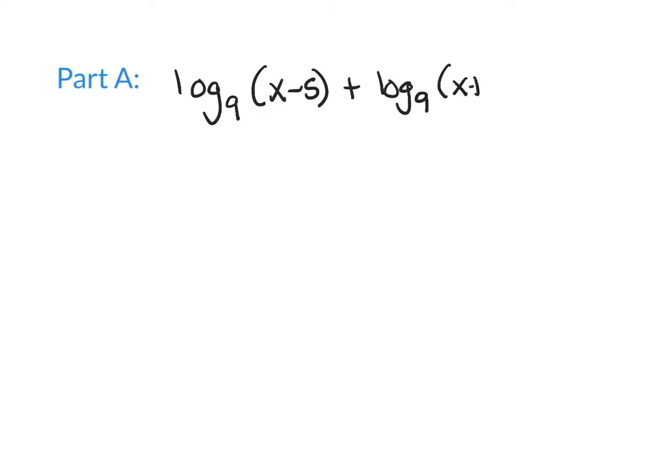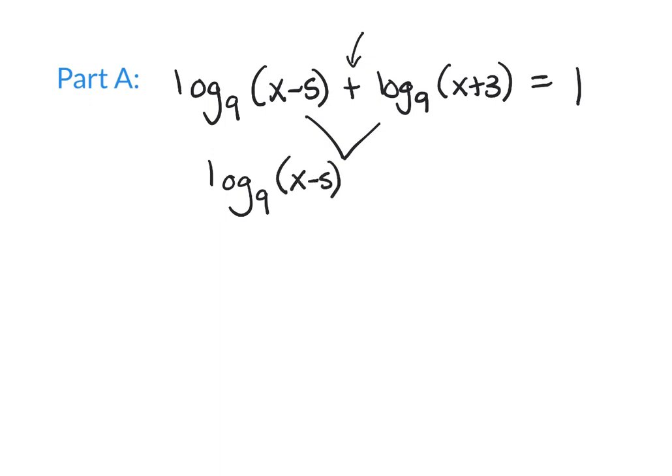All right, now let's look at one that's a little more complicated. So I've got log base 9 of x minus 5 plus log base 9 of x plus 3 equals 1. So same base, two logarithms separated by addition. First thing, let's condense. So log base 9 of the binomial x minus 5 times x plus 3 equals 1.